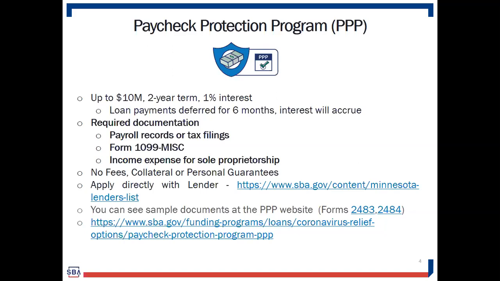The lenders are going to be doing electronic submissions, but I have listed the 2 documents there that you can look at. The Form 2483 is the borrower application, and the Form 2484 is the lender application. I think it helps to look at those in advance. By and large, the borrowers are going to be certifying and signing, as they're certifying that the information they're providing is correct.